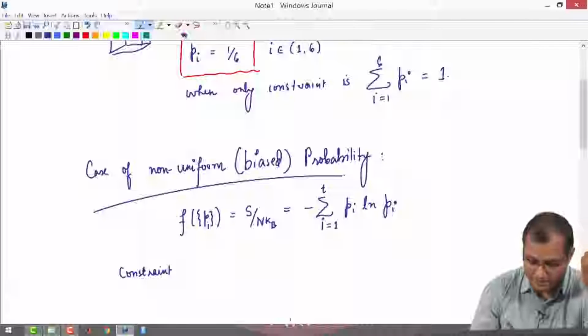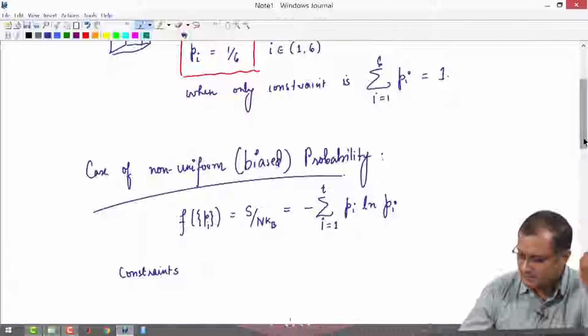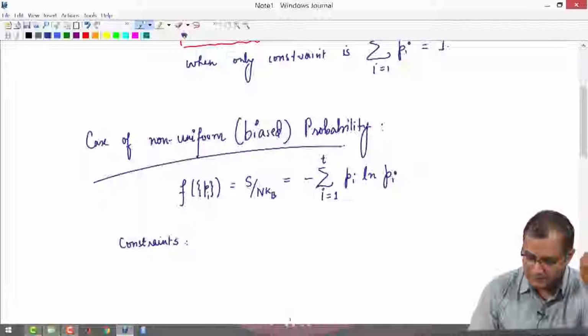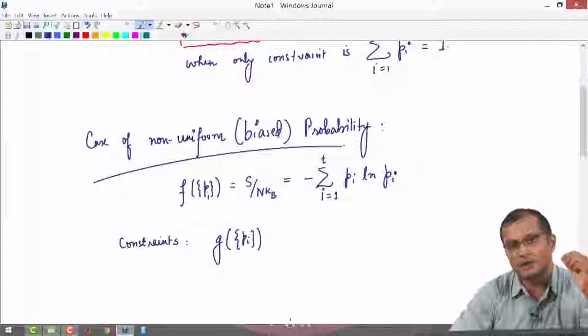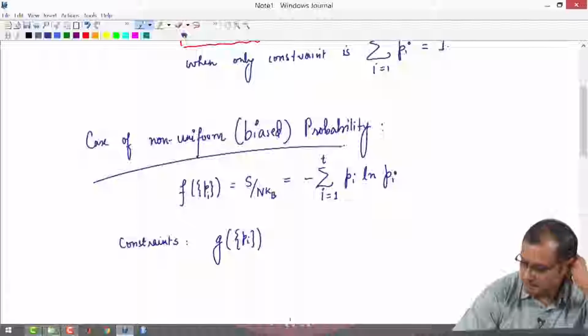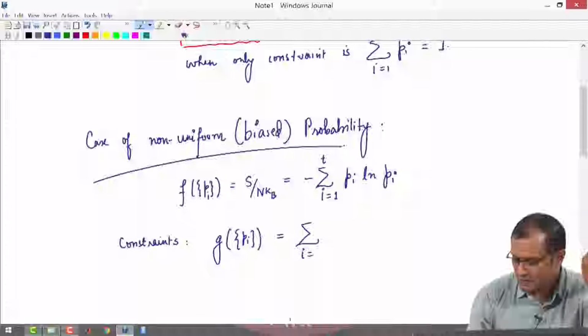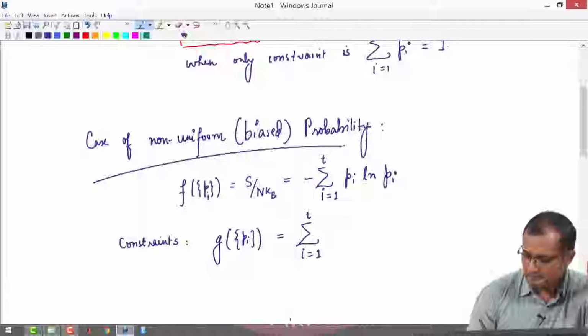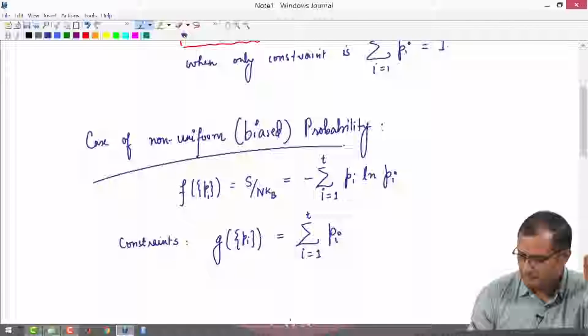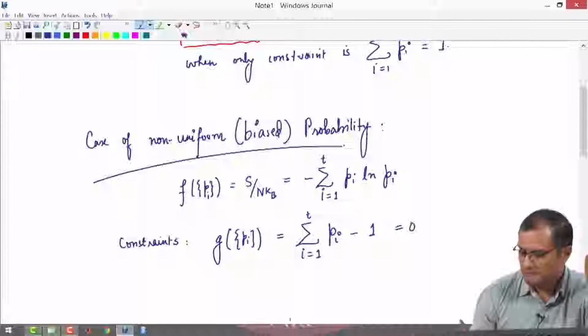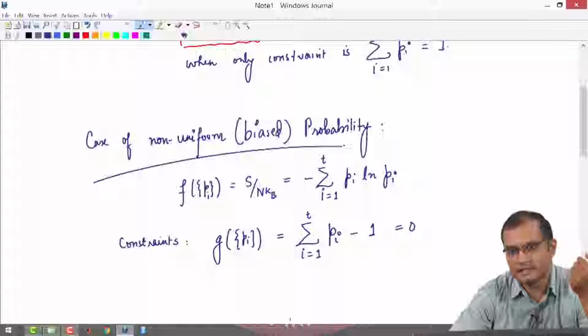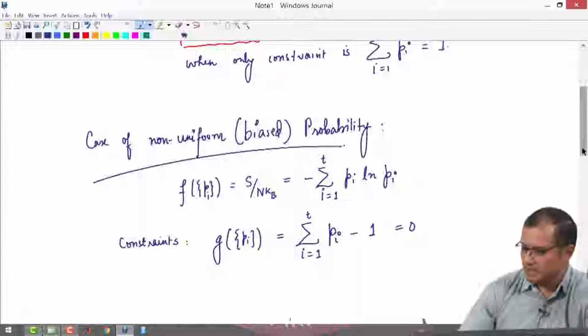Now, instead of one constraint I will take 2 constraints. The first constraint is my function g, again a function of all these probabilities p_1, p_2 all the way up to p_t, as conservation of the norm. So, the sum of all probabilities is 1. This is one constraint.